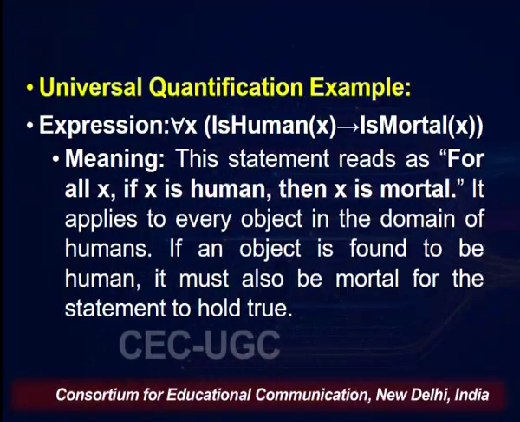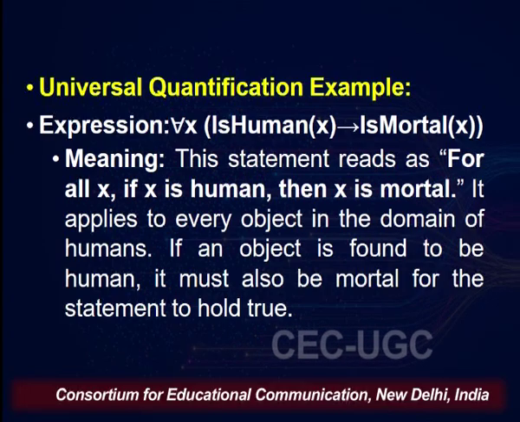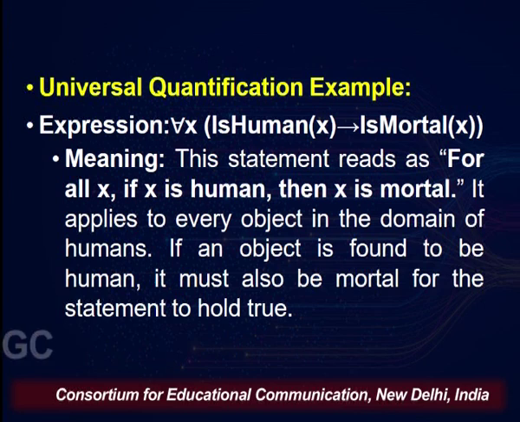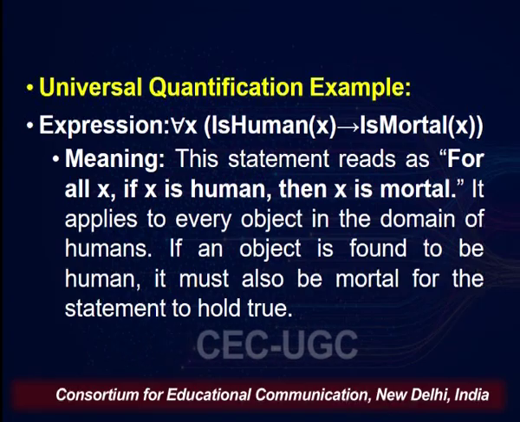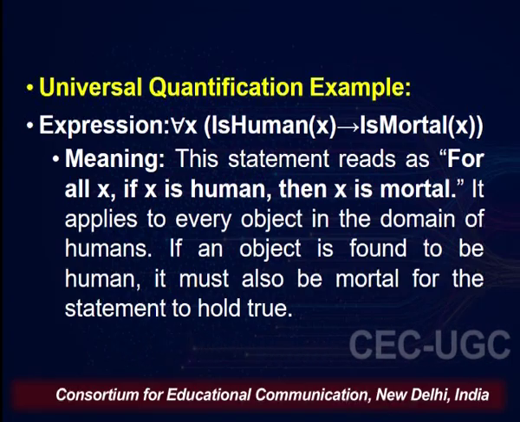Now, when we say universal quantification, we have seen one example: for all x, human(x) implies mortal(x). This statement reads as, for all x, if x is human, then x is mortal. This essentially means it applies to every object in the domain of humans. If an object is found to be human, it must also be mortal for the statement to hold true.